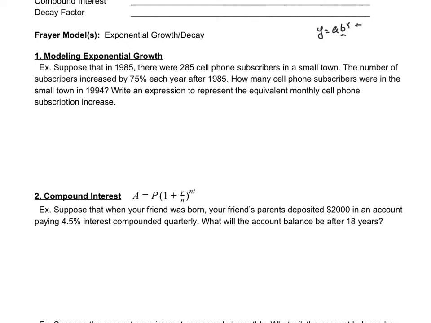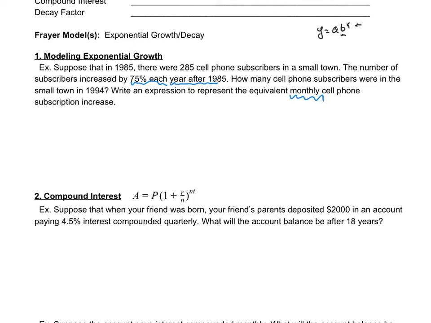How many cell phone subscribers were in the small town in 1994, and write an expression to represent the equivalent monthly cell phone subscription increase. Well, they gave us information for a year, because they're saying it increases 75% in a year, but they're asking us to write an equivalent monthly subscription increase. So those are some things to consider that they've mixed up for us.